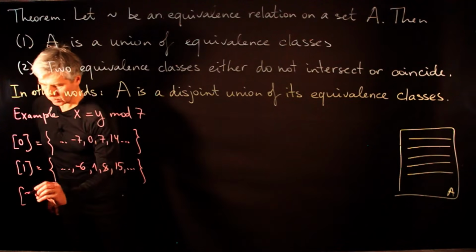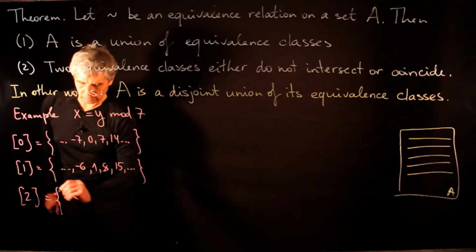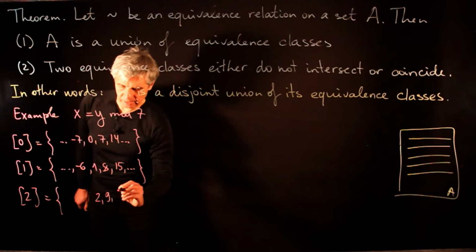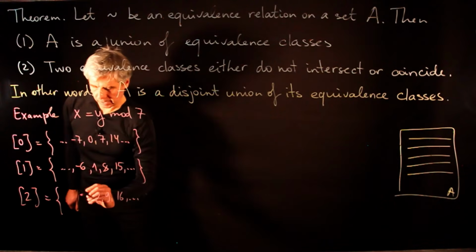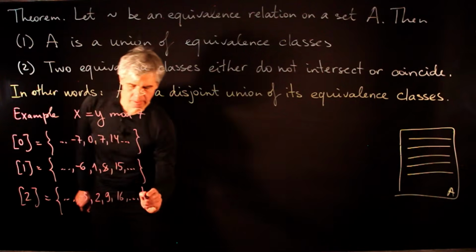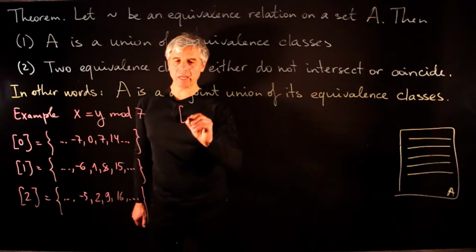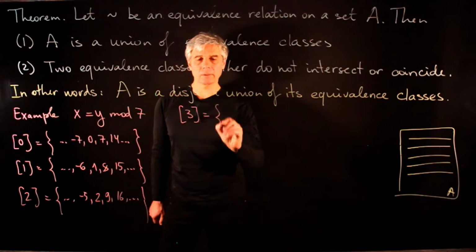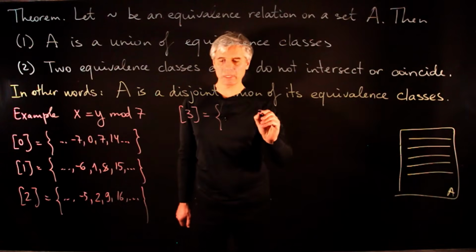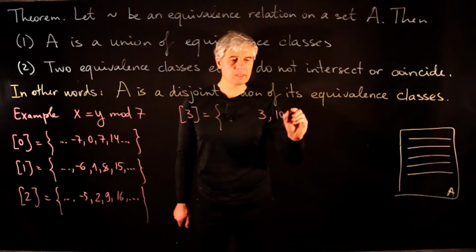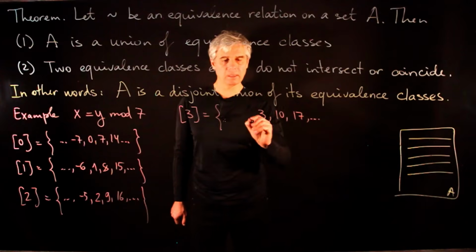So we have a class of 2, so this will be 2, 9, 16, and minus 5. Then we have a class of 3, which will contain elements 3, 10, 17, and minus 4.